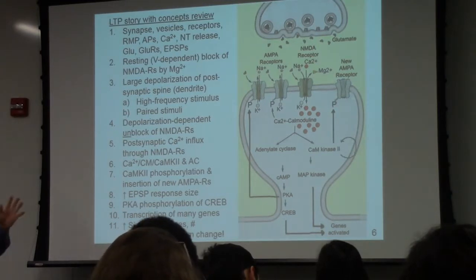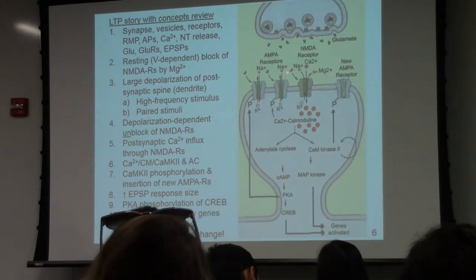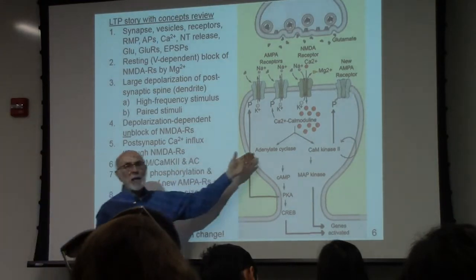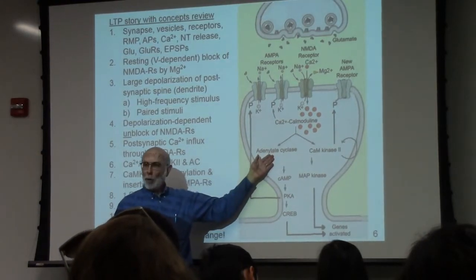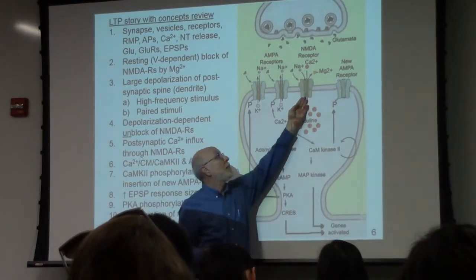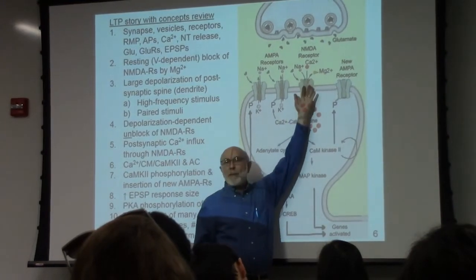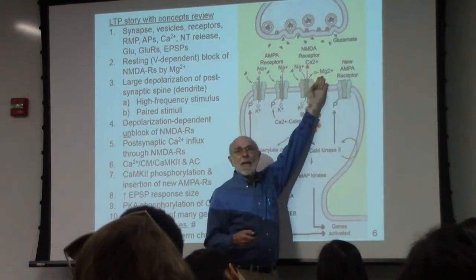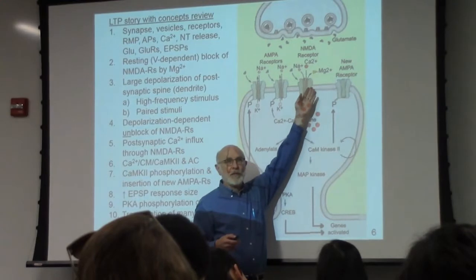Now, this is just a fact that I don't expect you to know for the exam, but the NMDA receptors, when this cell is relatively polarized for extended periods of time, this receptor is blocked by magnesium. It's got a voltage-dependent block by an ion that is present in the extracellular solution.